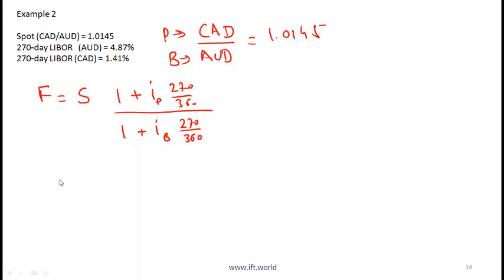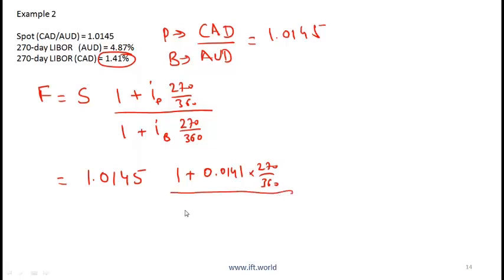Now let's plug in the numbers. The spot rate is 1.0145 into 1 plus interest rate in the price currency. The price currency is the Canadian dollar. Canadian dollar interest rate is 1.41%. So we put in 0.0141 multiplied by 270 over 360, and this is divided by 1 plus. Now we have interest rate in the base currency.